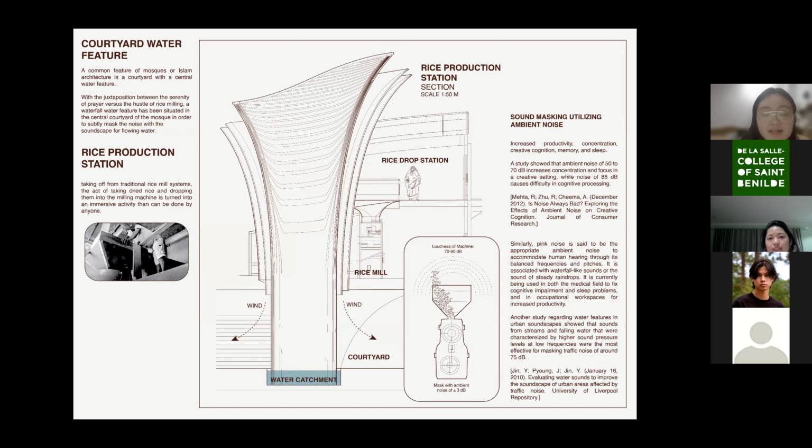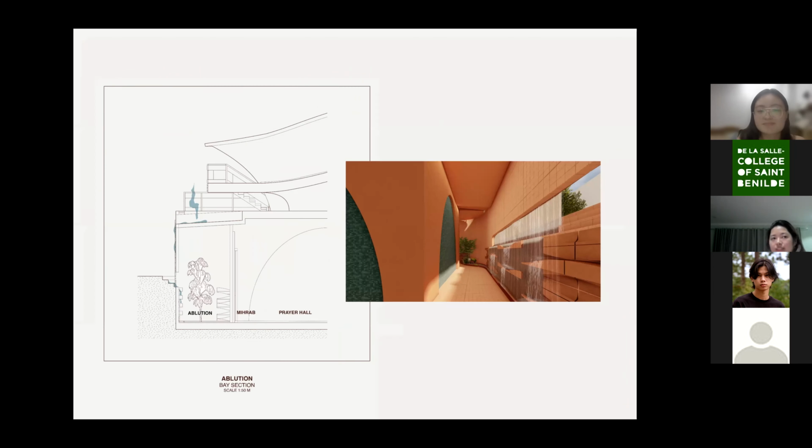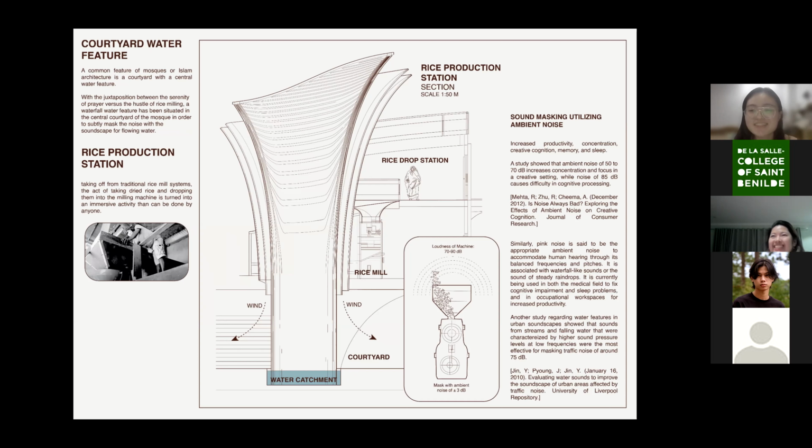Okay, so this water feature is another idea which is also integrated to the rice production area in the center of our structure. Traditional mosques have courtyards in the center, and with that comes a water feature most often than not.